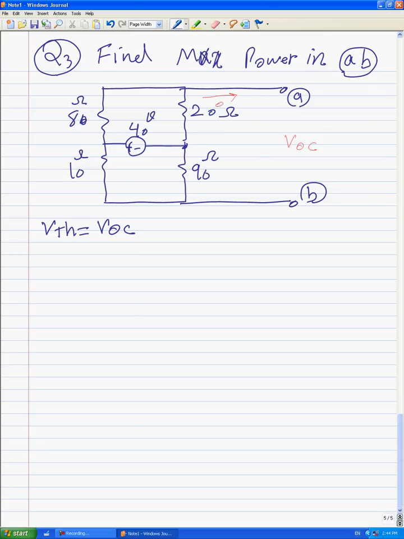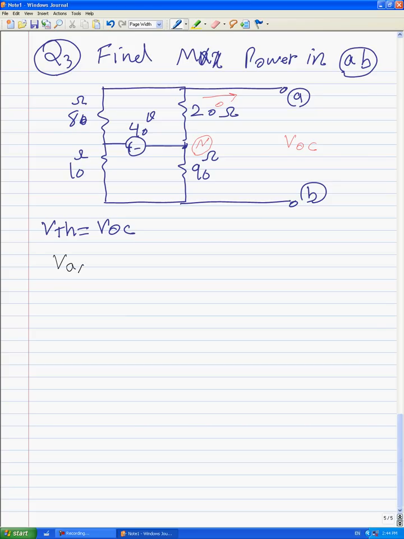If we define here, for example, node N, we can find the voltage for AN.